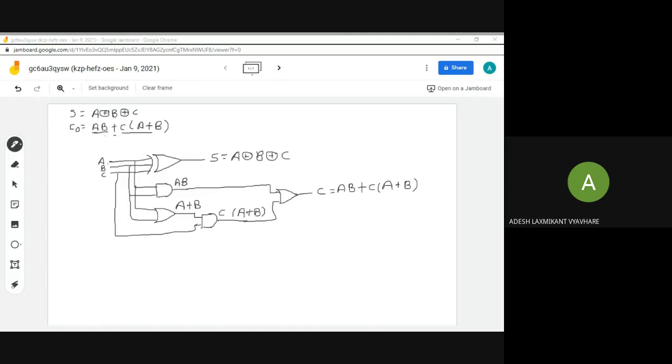It is a combinational circuit and it contains two inputs and two outputs. The outputs are in the form of sum and carry. Okay, good.